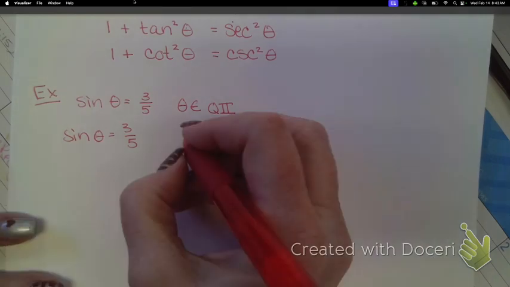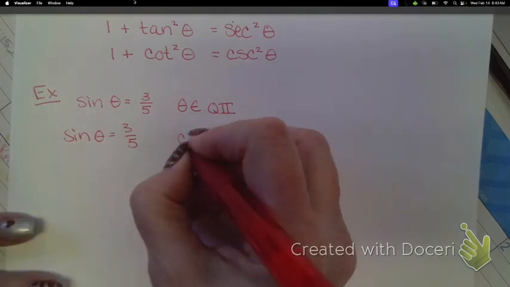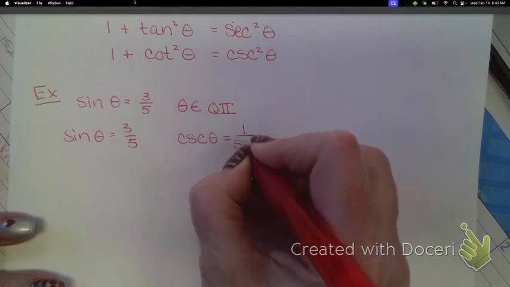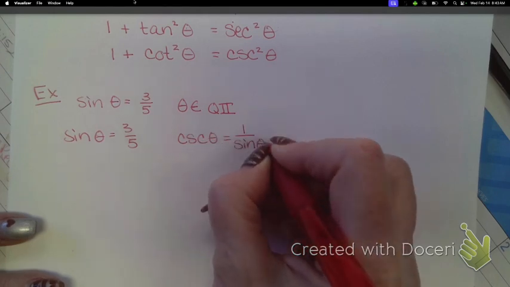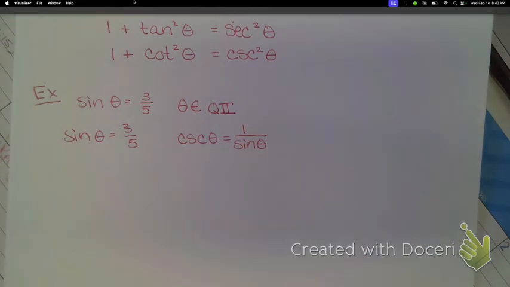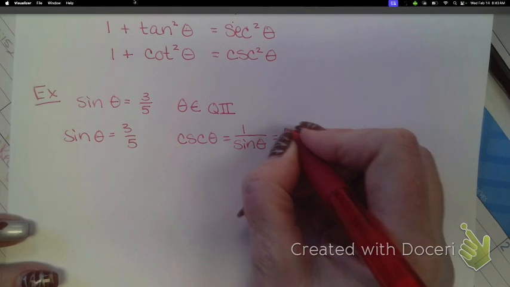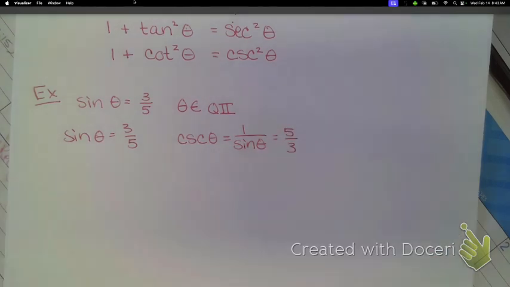So what you're going to do is write cosecant of theta equals 1 over sine of theta. So we're learning our identities and then reciprocate it, and the answer would be what? 5/3. So we're going to write the identity before we use it. And you all know the purpose of that, right? So you can get it further back, not just in your frontal lobe, you got a long-term memory.